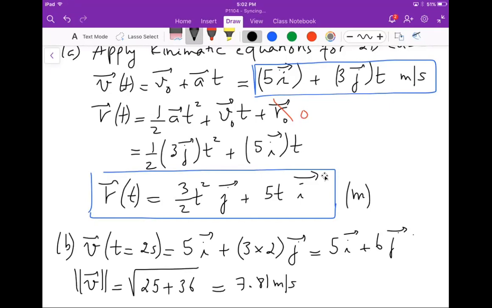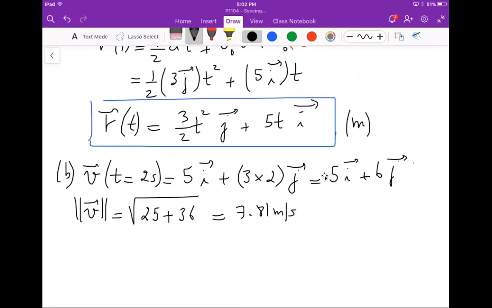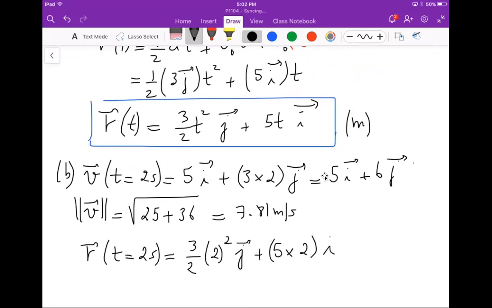So this is what concerns the velocity. And we can also in the same way evaluate the position at the time t equals 2 seconds. So it's given by 3 over 2 multiplied by 2 squared along j plus 5 multiplied by 2 along i.